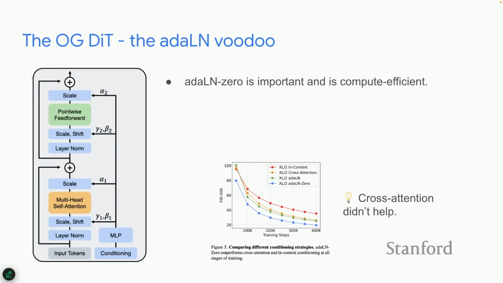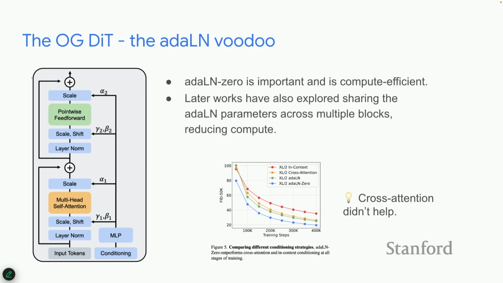And it's not because the conditions are fairly simple to model, but because when you are operating with continuous modalities like images, it's not that trivial to model dependencies with cross attention. And when your conditions are simple like class embeddings, it doesn't make sense to model them with cross attention. It's also a waste of compute, and the graph confirms it.